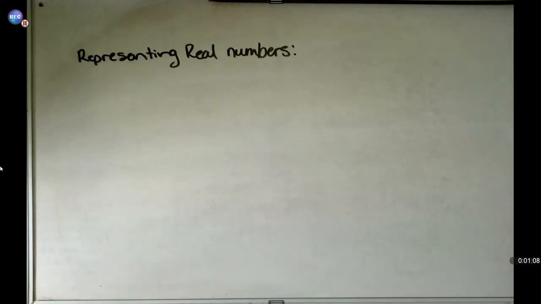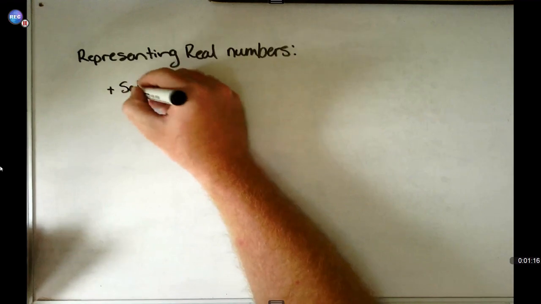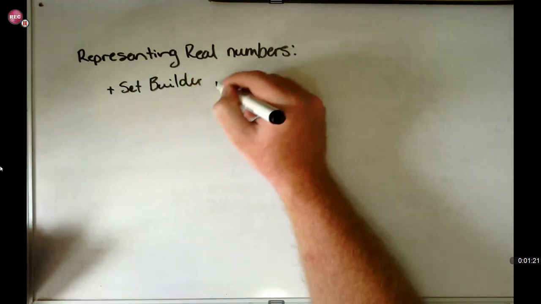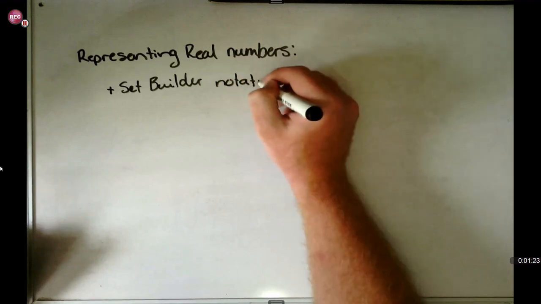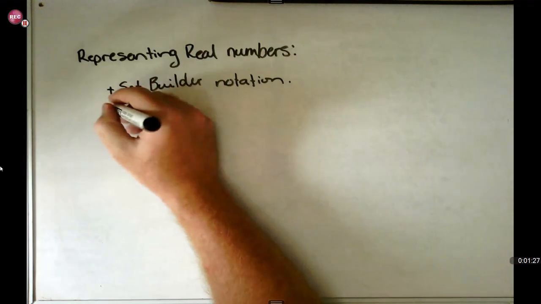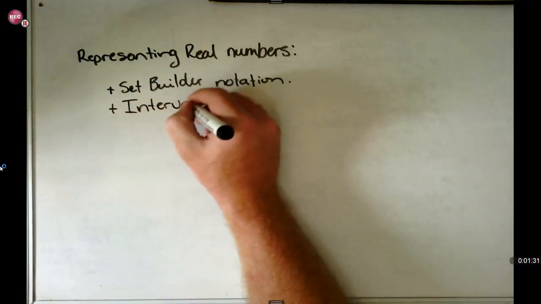The first way is by the set builder notation method, and the second method is your interval notation.